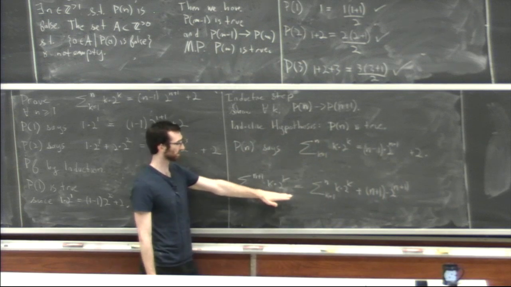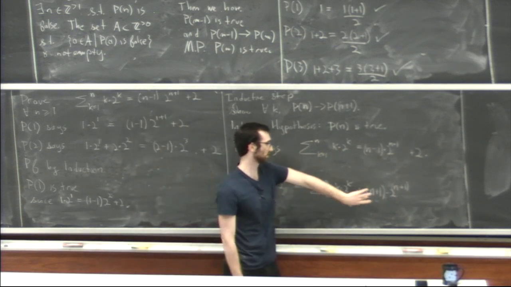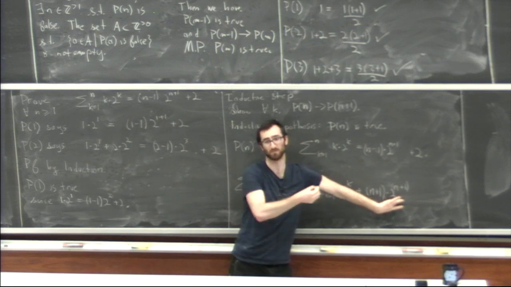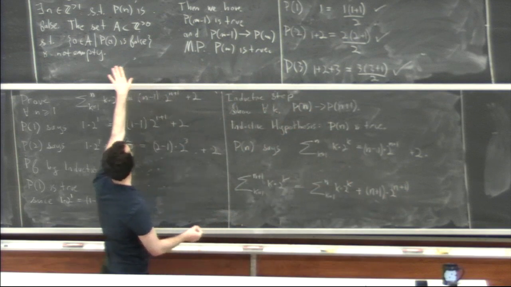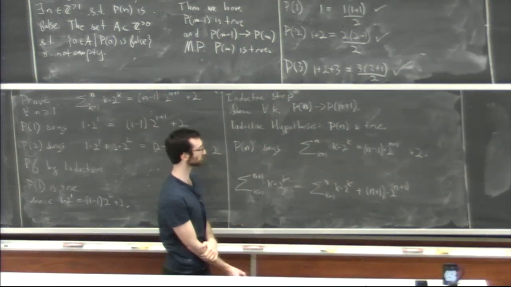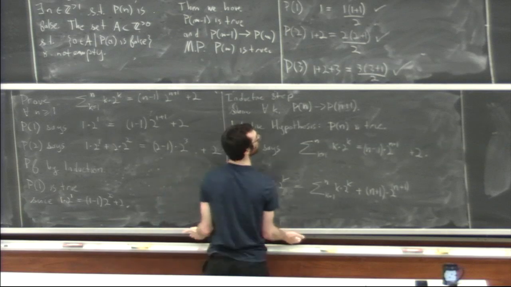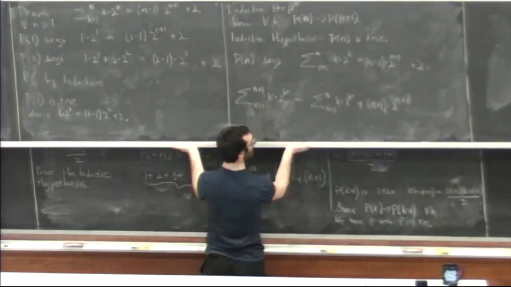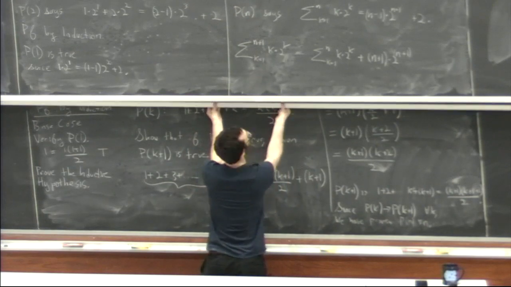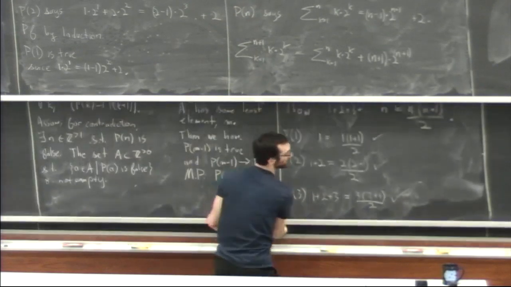This big summation is equal to this smaller summation plus the one remaining term. It's exactly the same as what I was doing over here. What I want to show is that this is equal to the right-hand side of P of n plus 1.